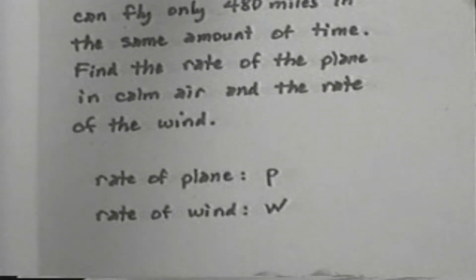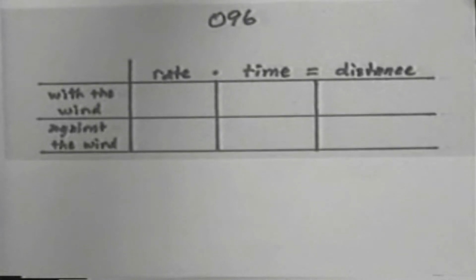Let's go now to our chart. Our chart says, across the top, rate times time equals distance. And our two rows are with the wind and against the wind.